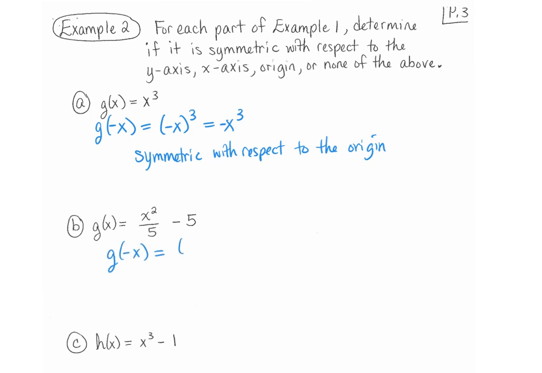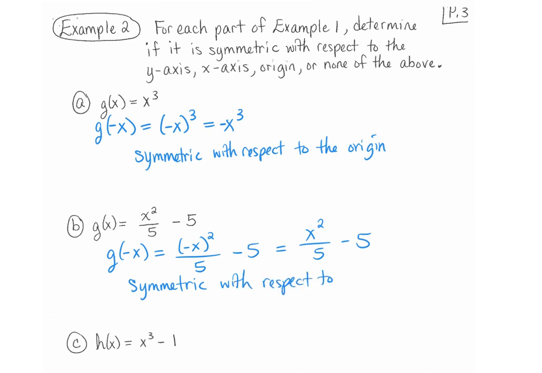That's equal to negative x quantity squared over 5 minus 5, which is equal to x squared over 5 minus 5, which is our original function. So we have symmetric with respect to the y-axis.